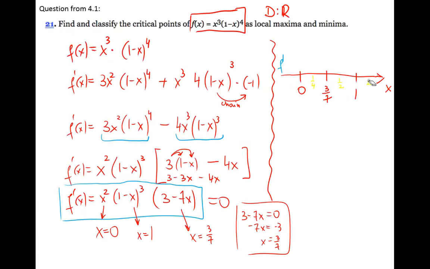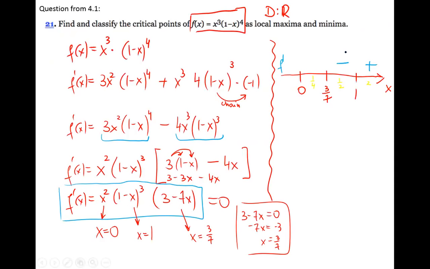If I substitute 2, I will have negative, negative, and positive. Two negatives will give me positive. If I substitute half, of course positive: 1 minus half is positive, but 3 minus 7/2 is negative. So this is positive, positive, negative.